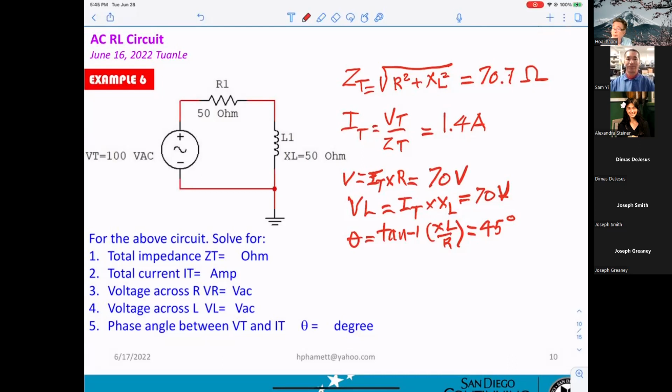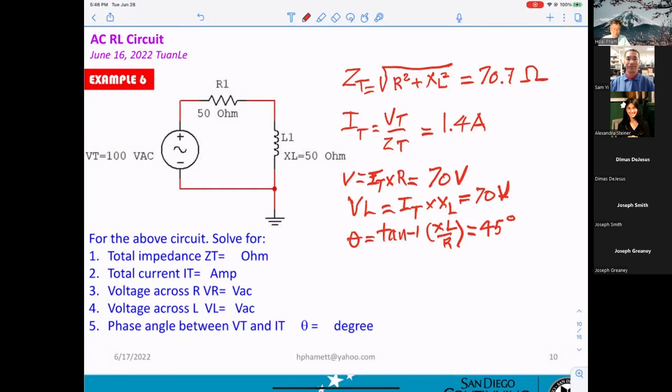That's what they gave you, 45. On your calculator, there's a button that says tan, and then a button that says tan⁻¹.